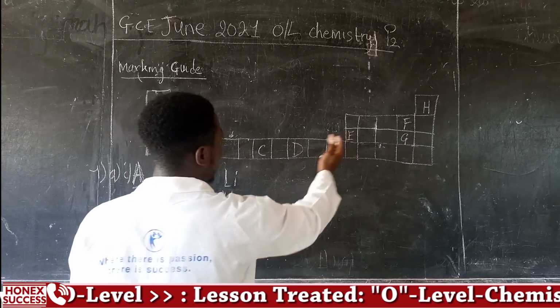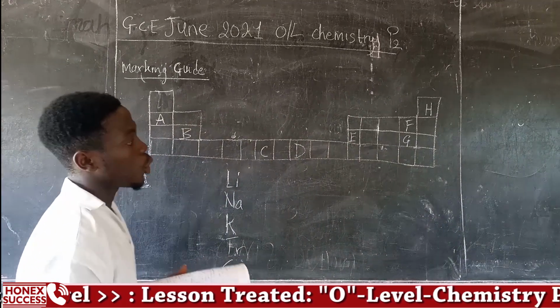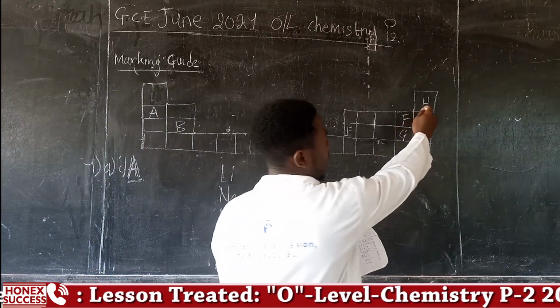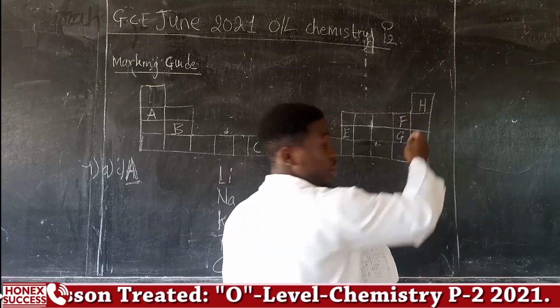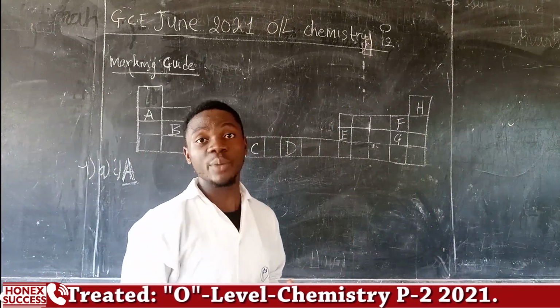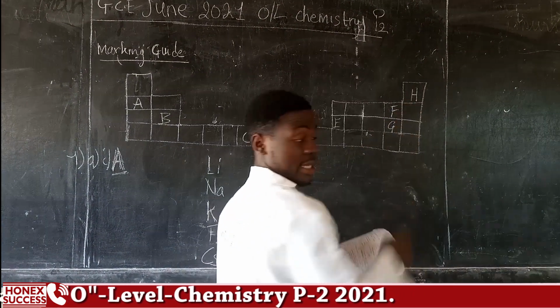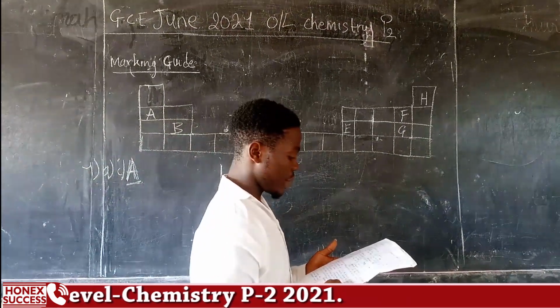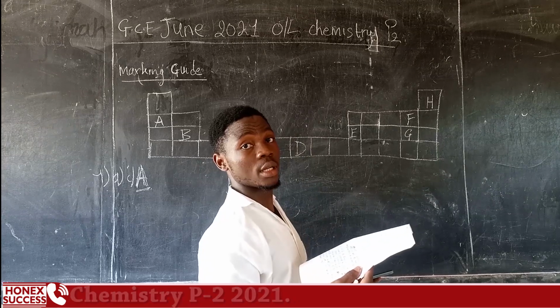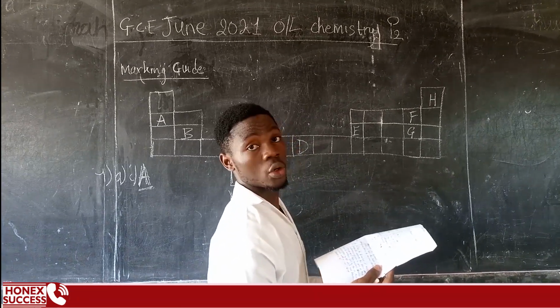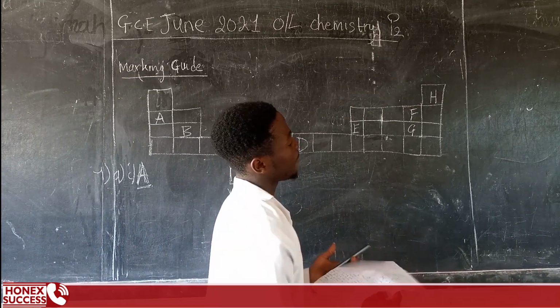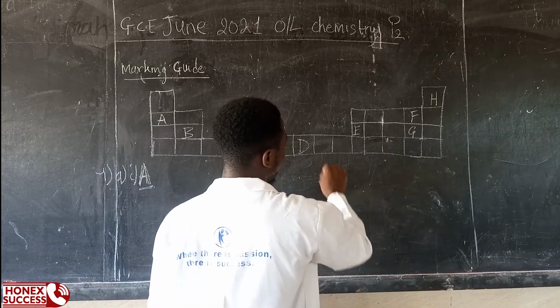We already eliminate from element A to E. We discover that these are metals. So we should be working with F to H. But we can also eliminate, and we find out that element H is a gas, and we have been asked to identify a liquid that has a reddish color at RTP.